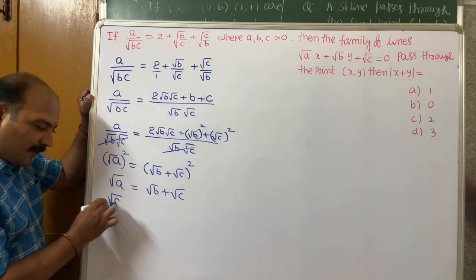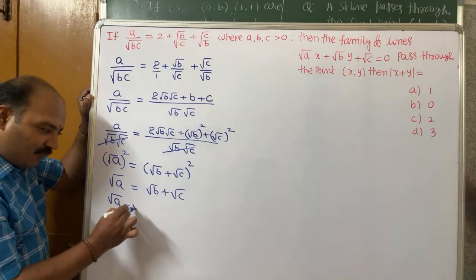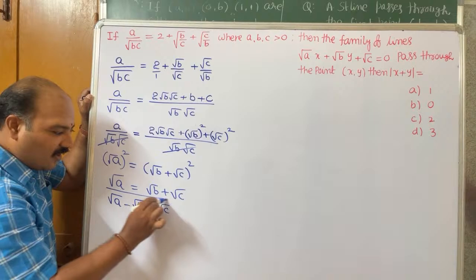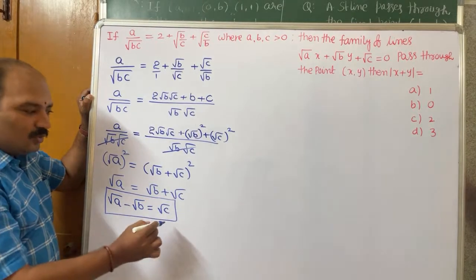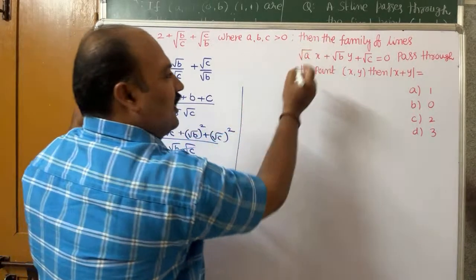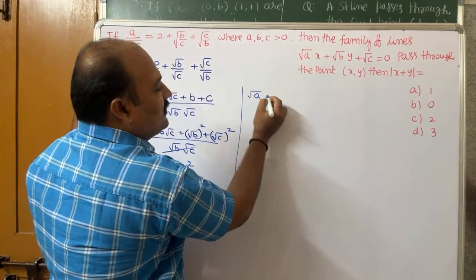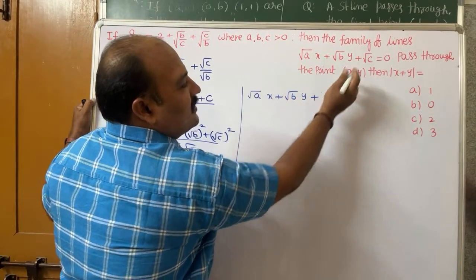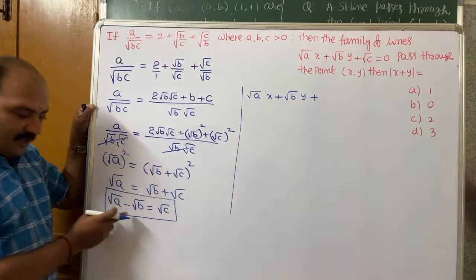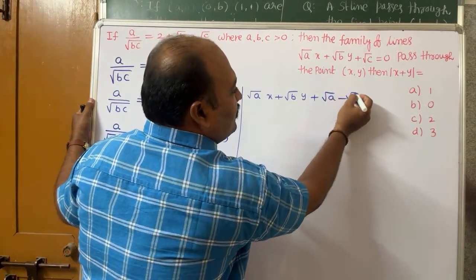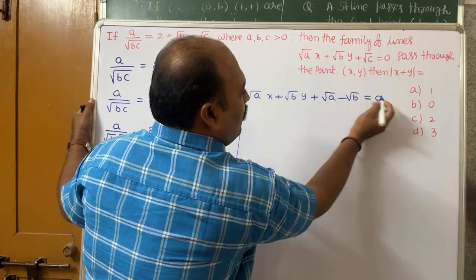So root a, bring root b to this side: root a minus root b is equal to root c. Now substitute the root c value in the family of straight lines root a x plus root b y plus root c. In place of root c, replace root a minus root b, equal to 0.